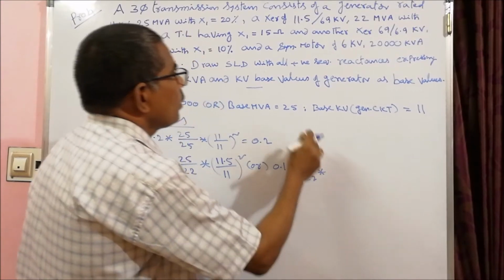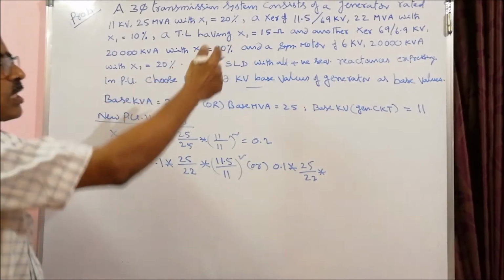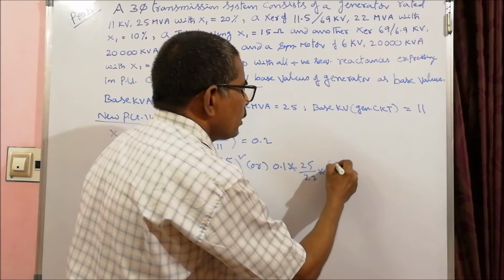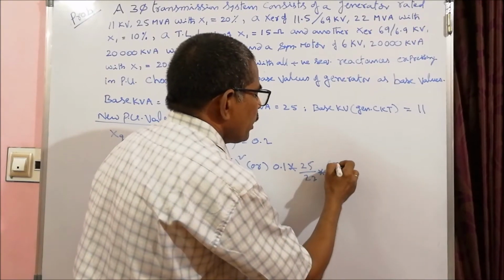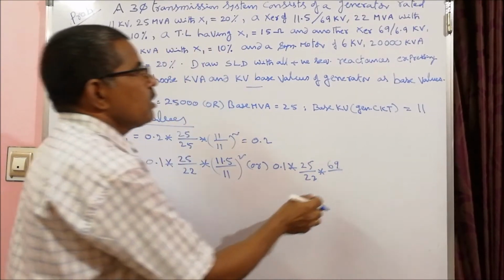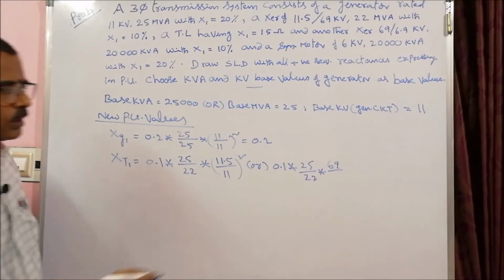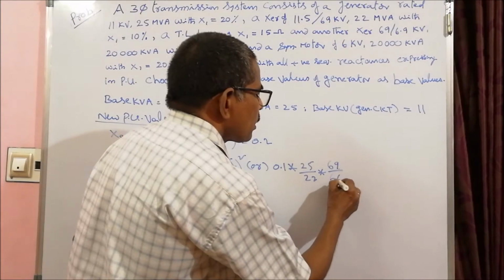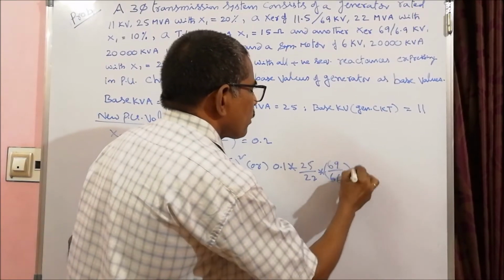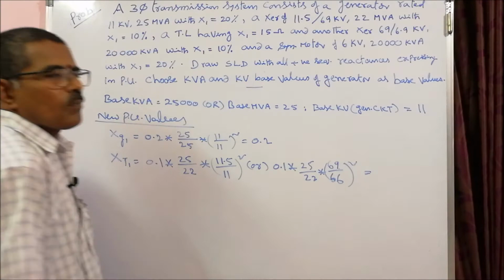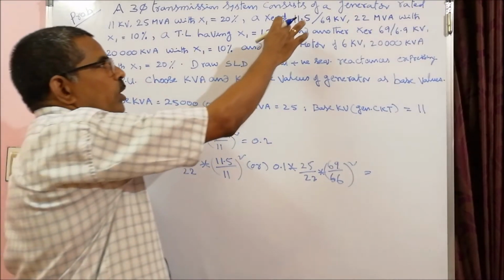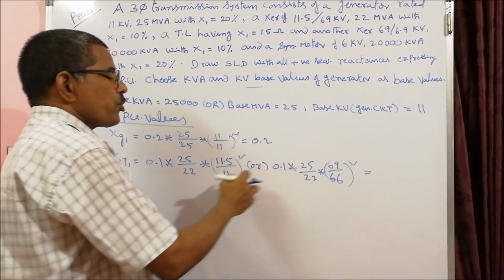into, if you want to take 69, that is the HV side, which means the transmission line new base kV, what we calculated, 66 squared, because for a transformer either you calculate from the LV side or the HV side, you should get the same.